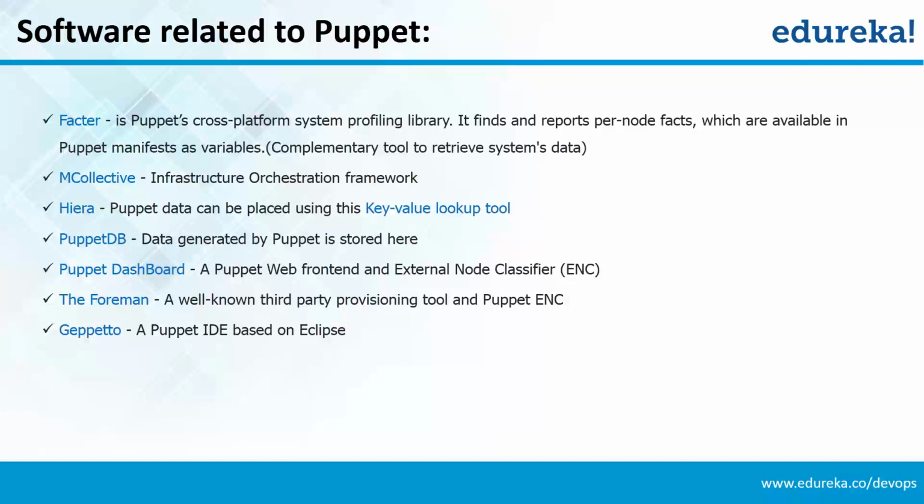If you want to, you can change it to MySQL also, and say, look, this is where I will store my specific data. So you can specify all the data, your logs, your collection, your run statistics, how many times it was done, etc. All that data can be stored for the future. Think of it as a persistent data store. Now, we are not talking about what a node classifier is. We'll come back to that topic of the ENC, or external node classifier.